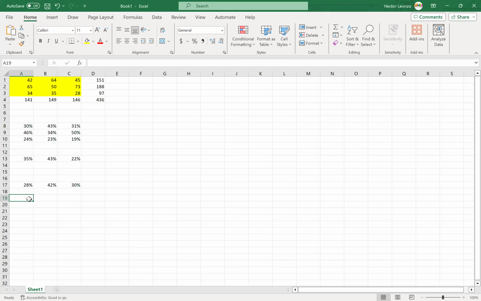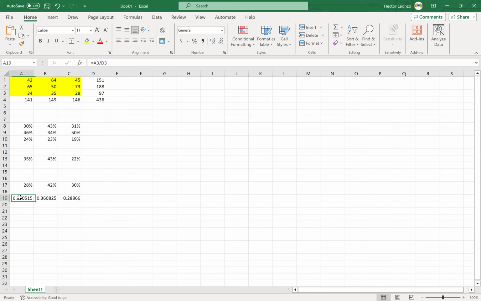Remember, I'm looking at my A3 values, so it's 34 divided by 97. Then I have 35 divided by 97. And then I have 28 divided by 97.